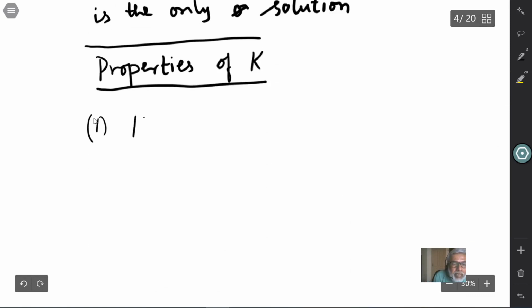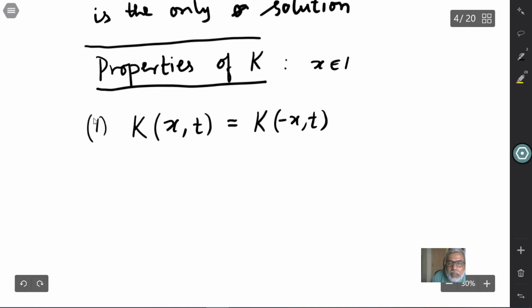So k is symmetric. So k of x, t is equal to k of minus x, t. Let me just restrict myself to x in Rn and t positive. For t less than or equal to 0, it is the 0 function.